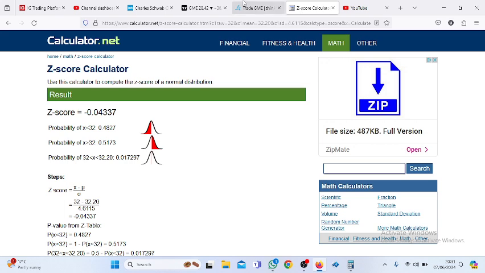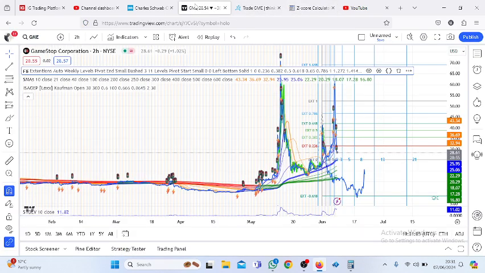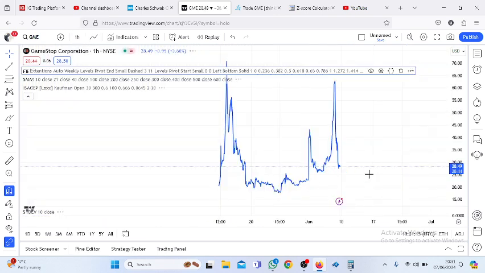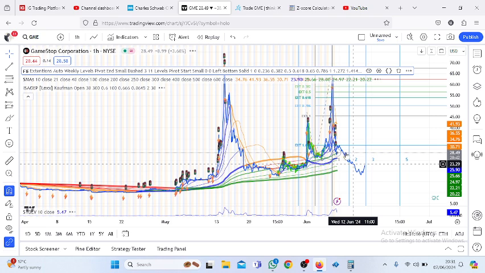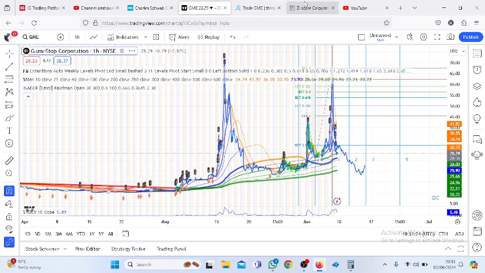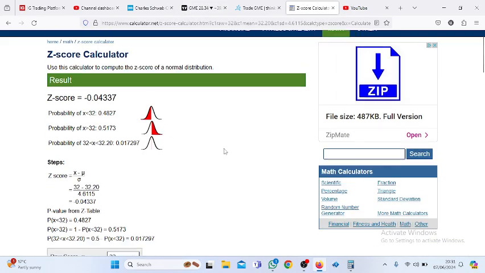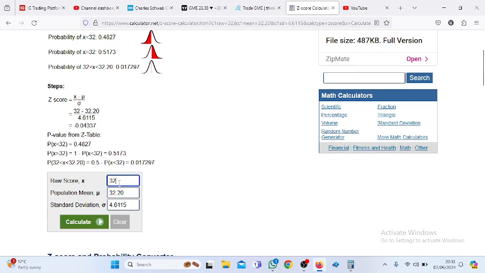Now we have to obtain the probability that the trend will continue. Let's use the 1-hour chart and find the probability that this downward trend can be sustained, where you simply use the current price of 28.36, and then we use the standard deviation.